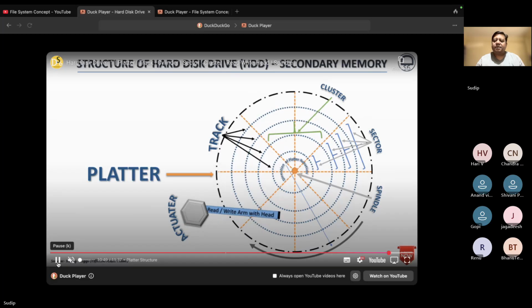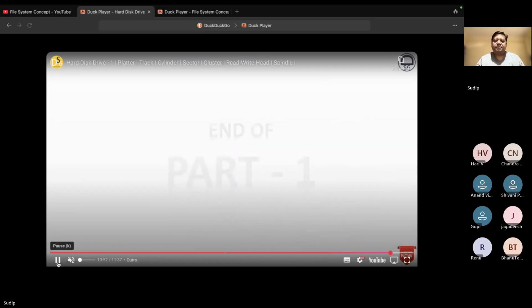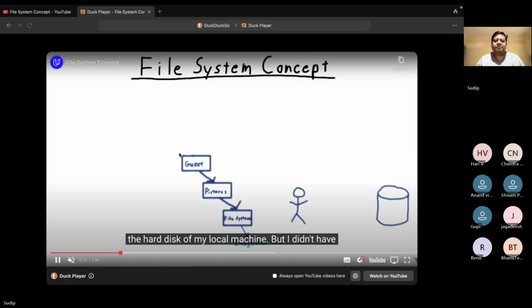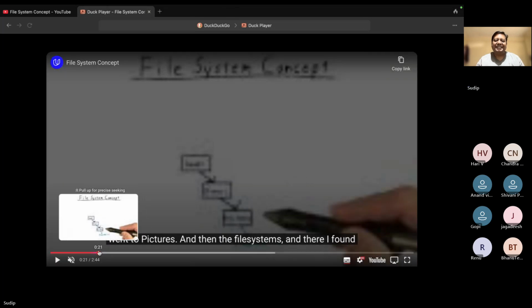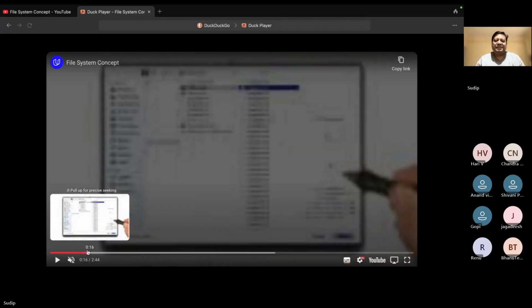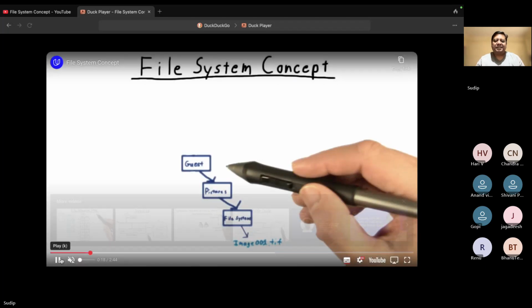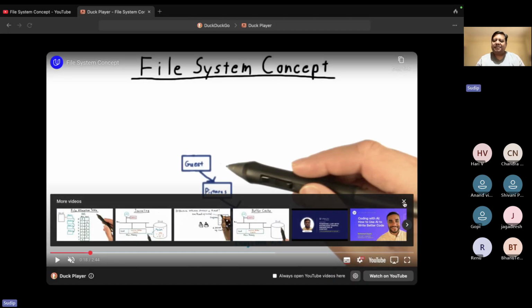Any guesses? The answer is there on this slide. It's the file system.